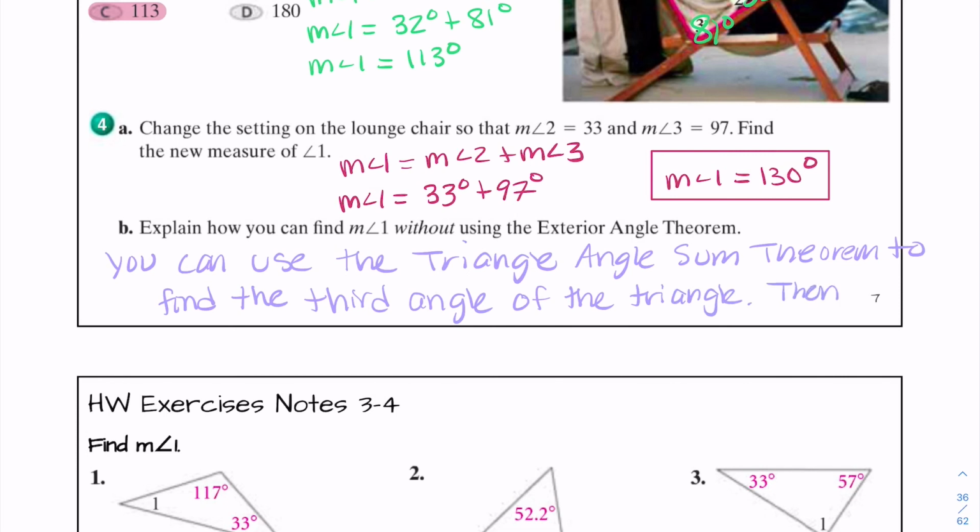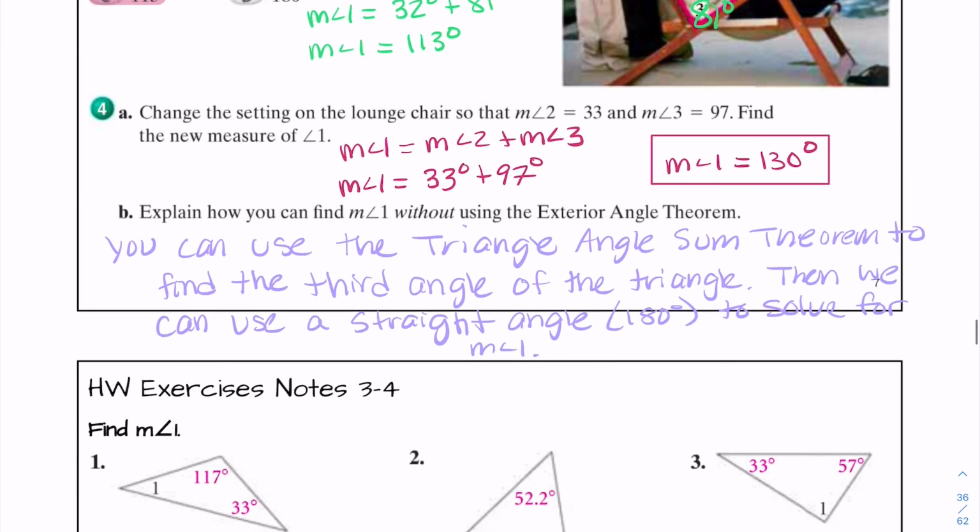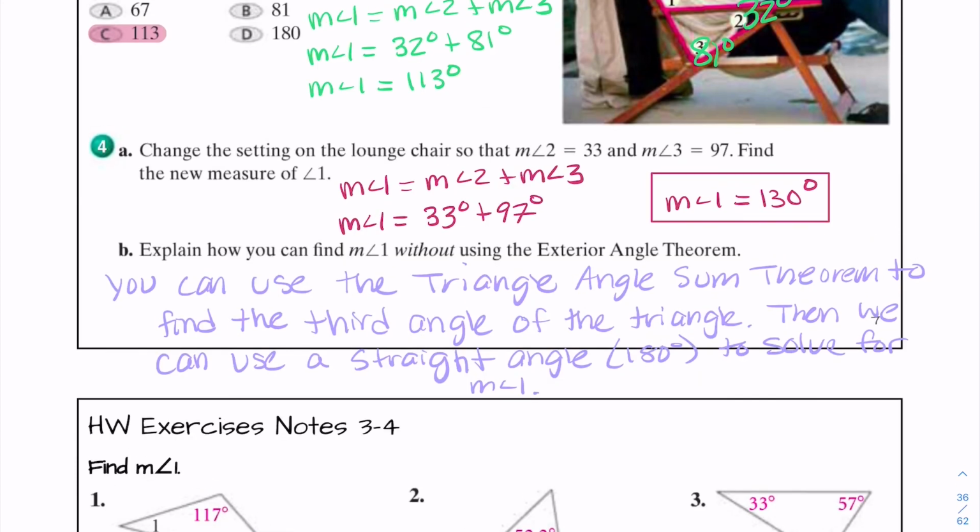Then we can use a straight angle, which is 180 degrees, to solve for the measure of angle 1. So we're going to just do 180 take away 33 take away 97. You'll get 50, and then 180 minus 50 is 130. So that's just one of the strategies we can use.